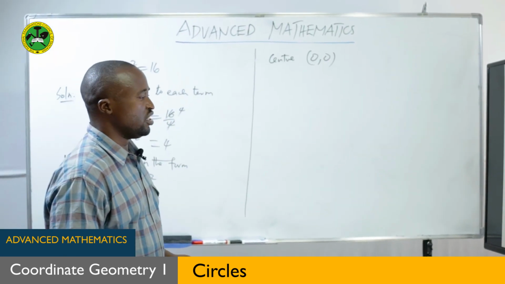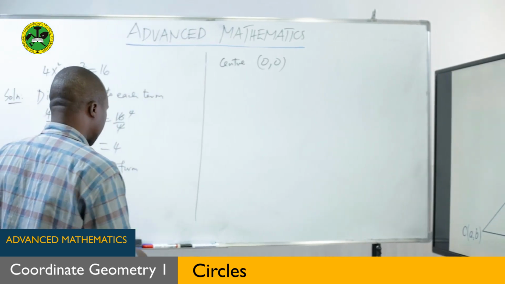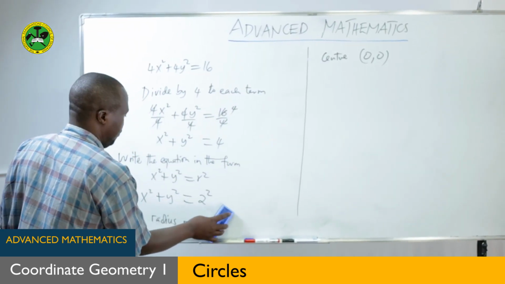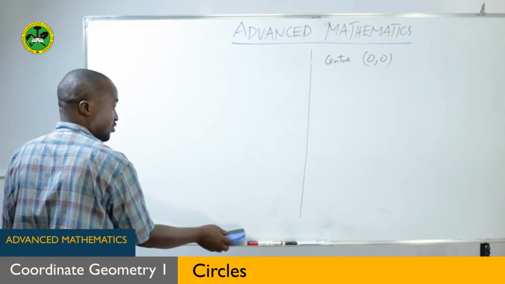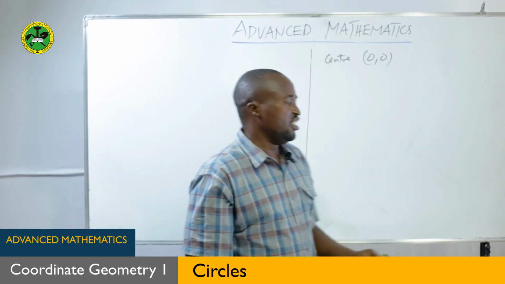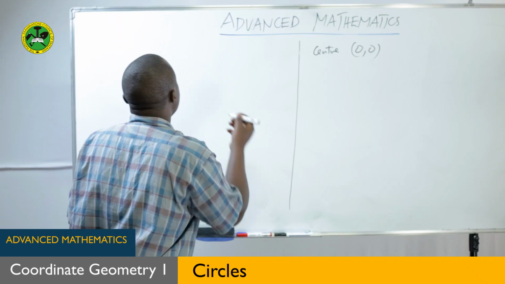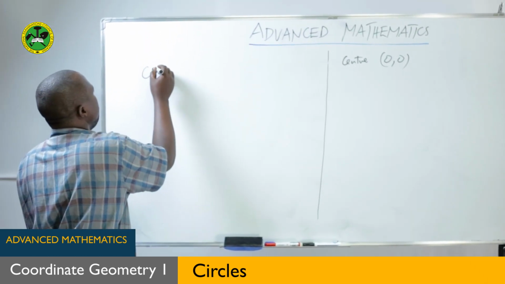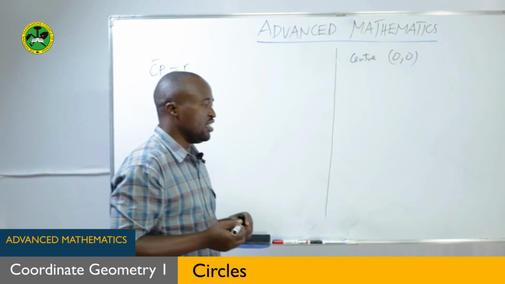So here we are going to consider the triangle CPA. In this triangle, the length CP is equal to r, the radius.